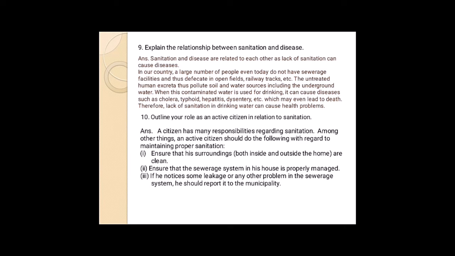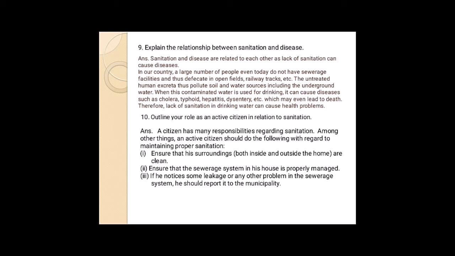An active citizen should ensure, number one, that his surroundings are clean. Then ensure that the sewage system in the house is properly managed.